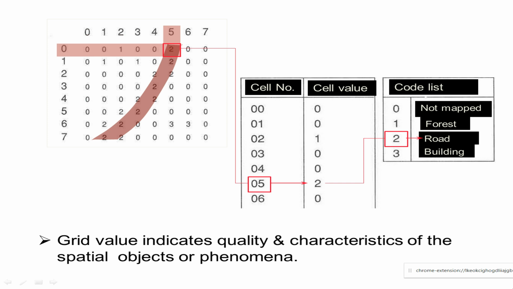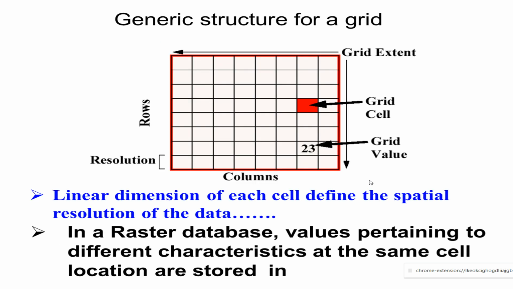Number 2 represents road, and number 3 represents something else; that is the coded value. In the first image, see how 0 0 0 lies and how 2 covers the road. This tells you the number is allocated to road features or building features.